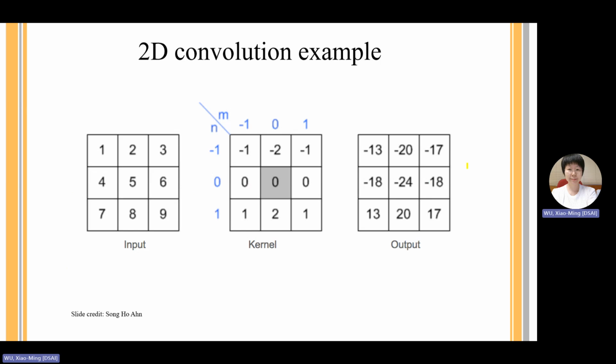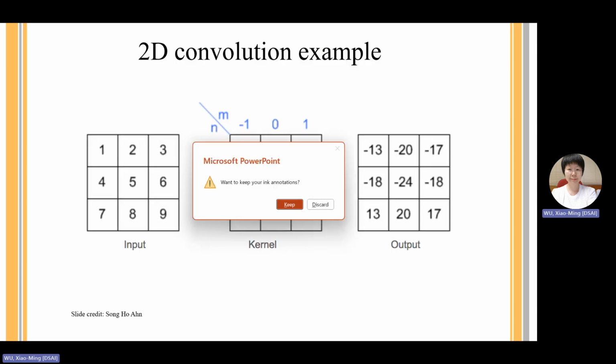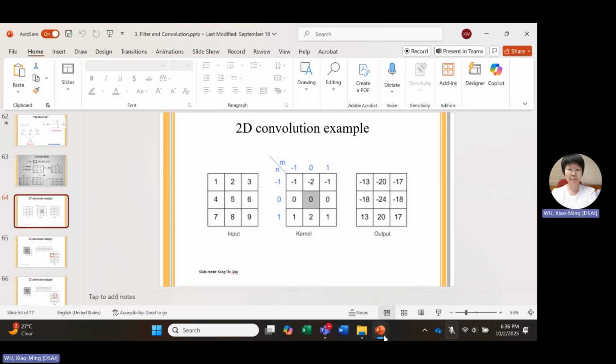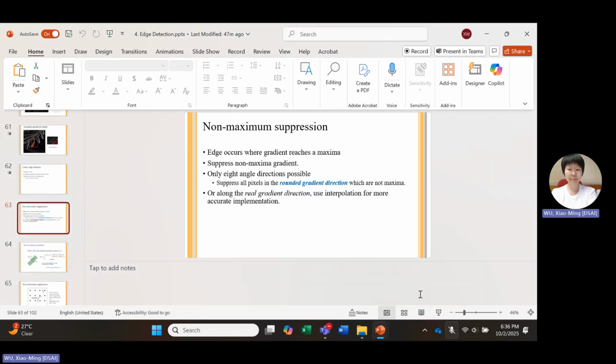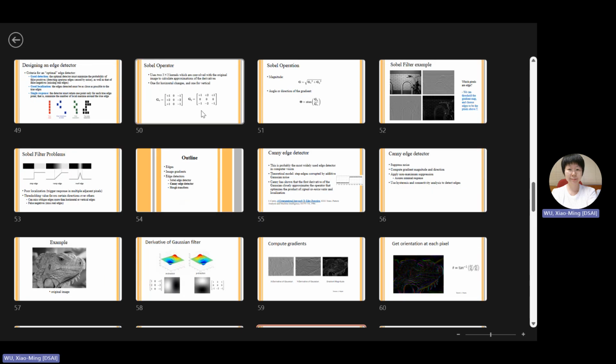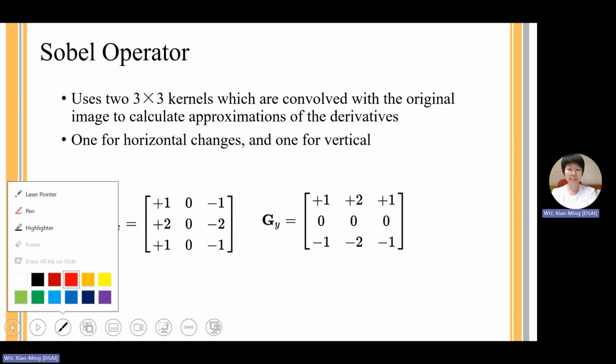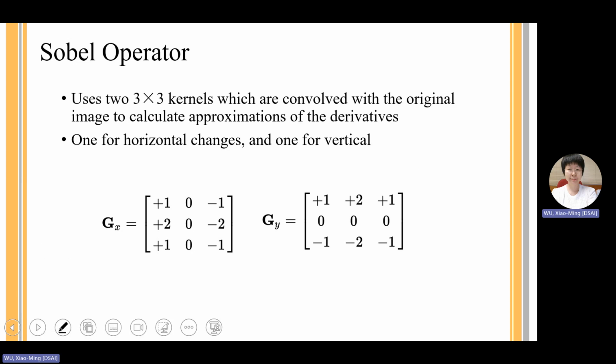In the following, when we introduce edge filters, we need to keep this in mind. Edge detection, edge filters. For example, we're going to see this kind of filters, Sobel operators. Of course, these filters are symmetric with respect to the y-axis, and also symmetric with respect to the x-axis.